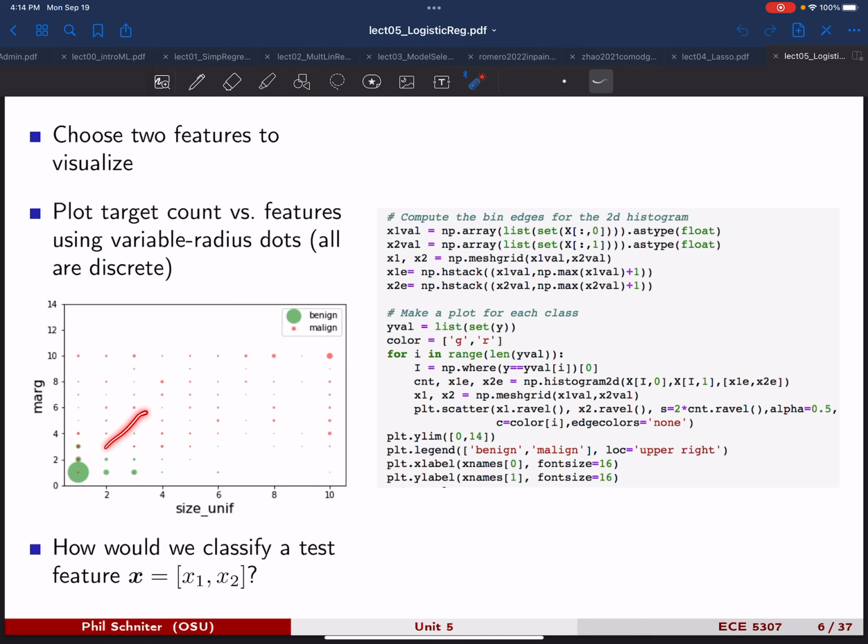Samples down here are green, which tells us that as these quantities get smaller, there's a larger chance of this being benign. And here we're just using the size of the dots to get around the fact that the features are on this grid. Making sense so far? Okay. So the question then is, how could we classify a test feature?